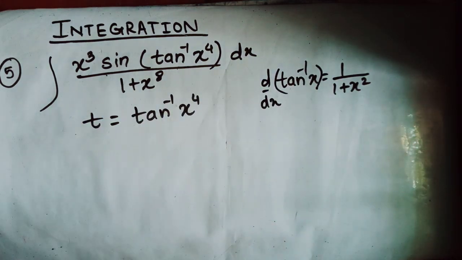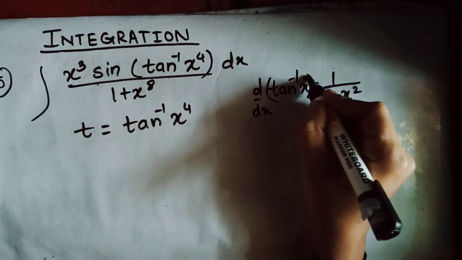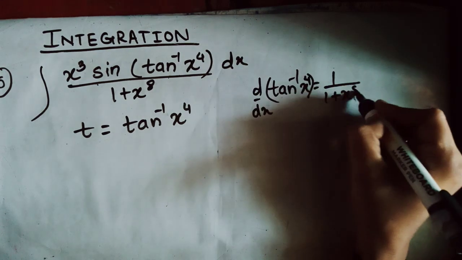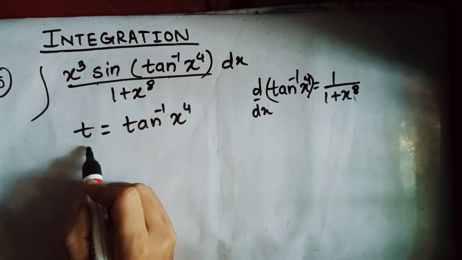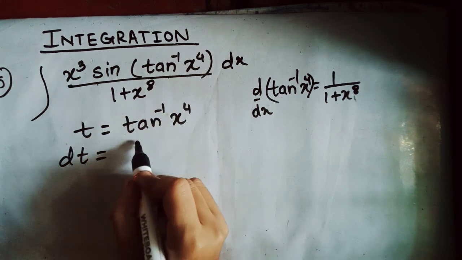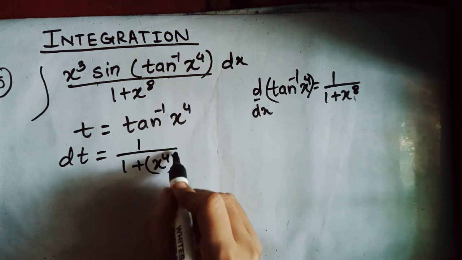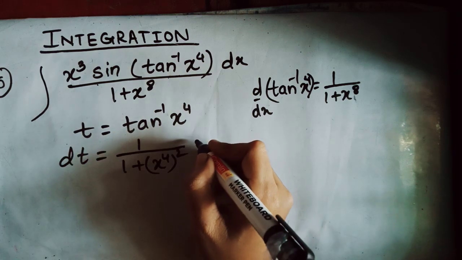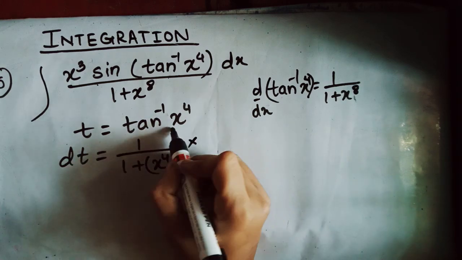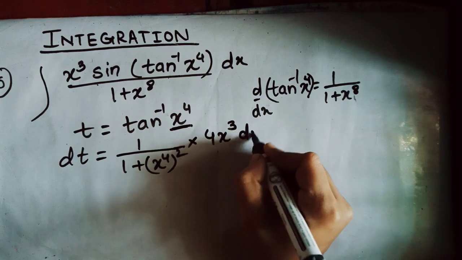So it's over there. If I take this as x raised to 4, then automatically this gets 4 into 2, which is 8, right? So if I have taken t as tan inverse x raised to 4, dt will be what? 1 upon 1 plus x raised to 4 square dx into derivative of this term, that is 4x cube dx.